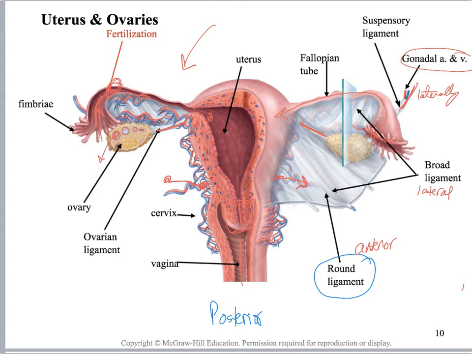So if I took out this fallopian tube for some reason, this fallopian tube over here could actually suck that oocyte all the way from that side over into it, okay? So it's got a really good current for sucking up that oocyte.